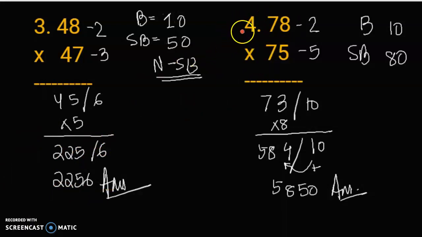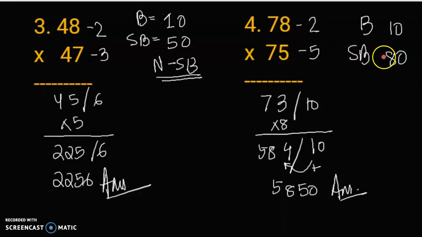Let us have a look at the next question, number 4. 78 times 75. Yes, you are right that the sub-base should be 80 because these numbers are close to 80. Our base will be 10 only as usual, and number minus sub-base.